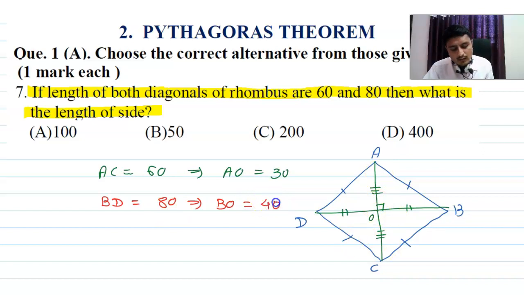So BO is 40. Let us substitute the given numbers on the figure: AO equals 30 and OB equals 40.